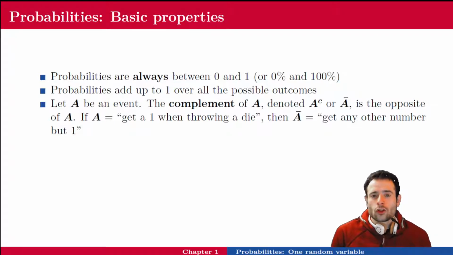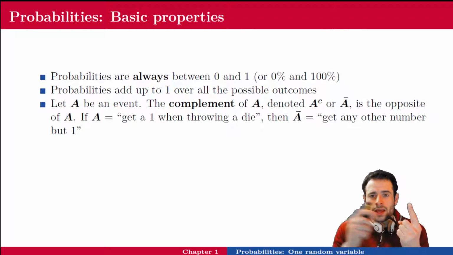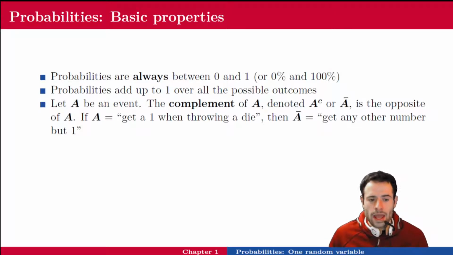So if you add the probability of getting a 1 and the probability of getting anything else but 1, that gives you the overall set of possible outcomes. So the probability of A union the complement of A will be equal to 1.